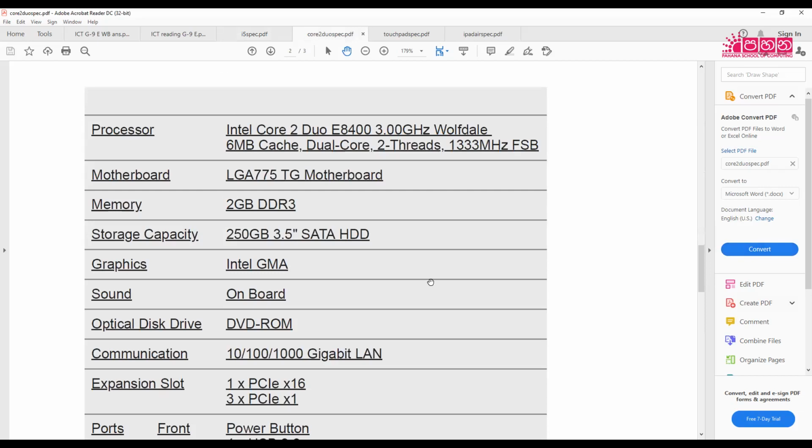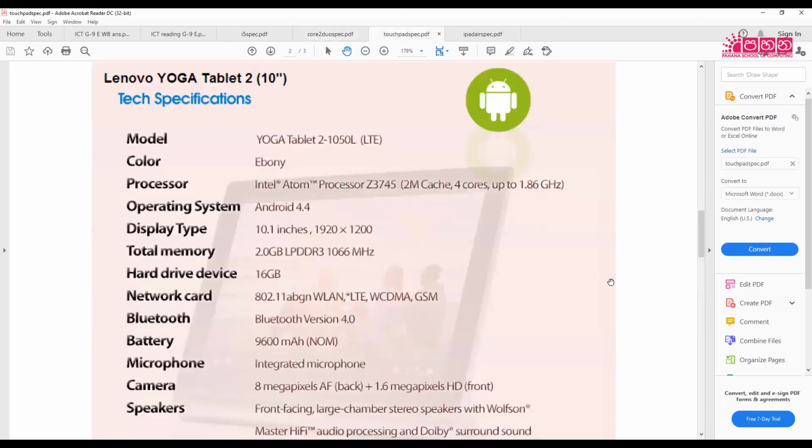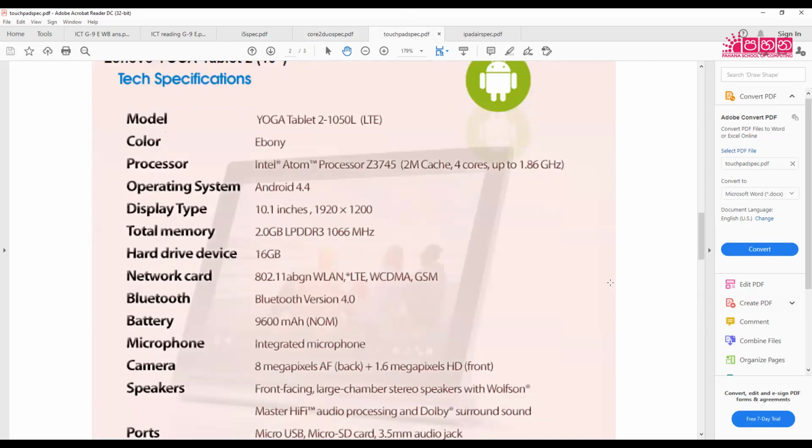Dhananji, can you tell me what is the hard space here? 250 GB. Yes, it's a 250 GB SATA hard disk. That means normal hard disk. And it's quite an old machine. So those days we had about 250 gigabytes. Right, touchpad. Senuru, can you tell me what is the hard space?